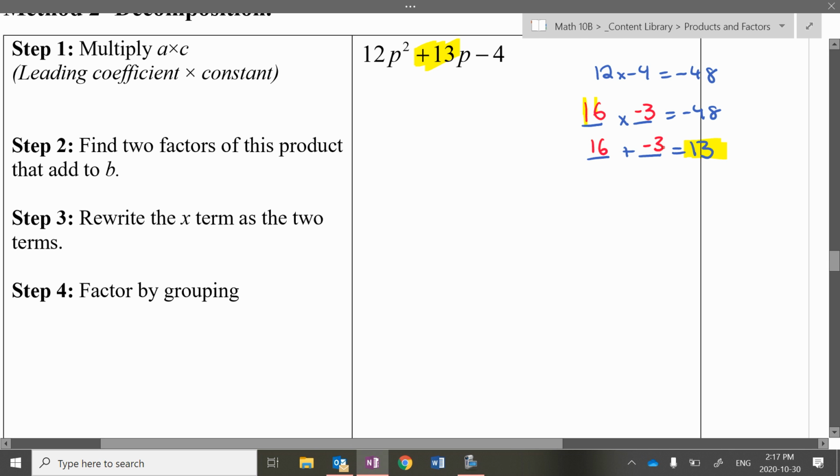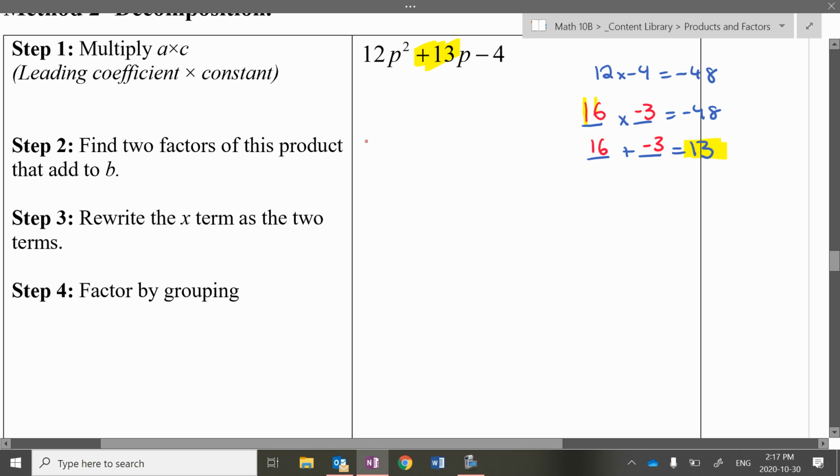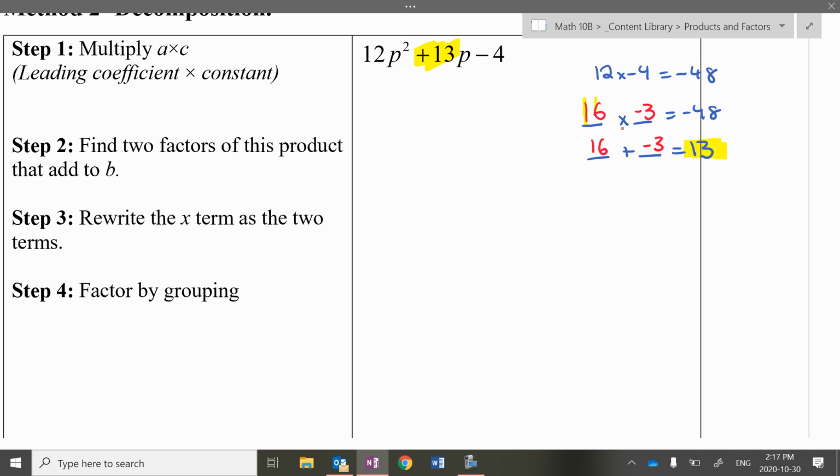What's really important to grade 10s, if you're using this method, when you put it into your factor by grouping, put it in an order that leads you to having the greatest common factors so you don't have to rearrange it. I know 12 and 16 both have 4s that go into them. But then I'd be left with 3 and 4. There's nothing common there.